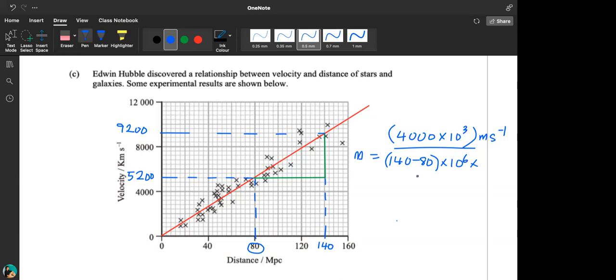Okay, parsec is given, change to meter, 3.09 times 10 to the power 16.